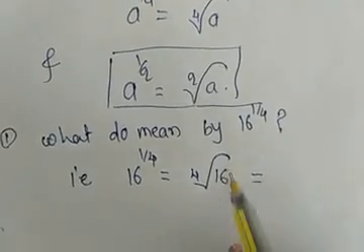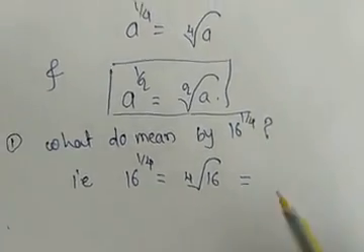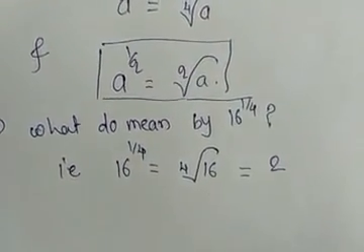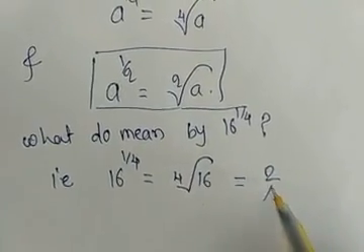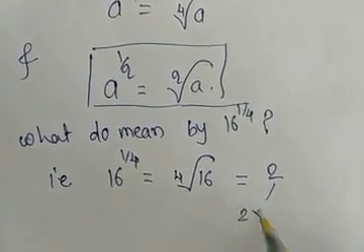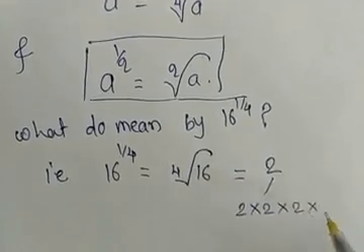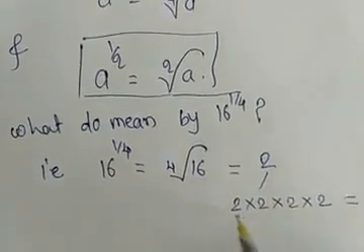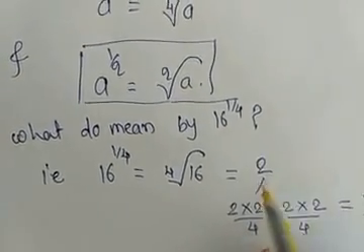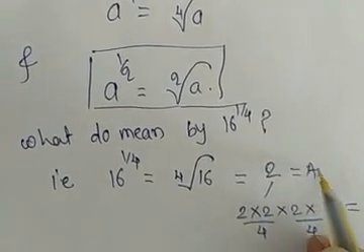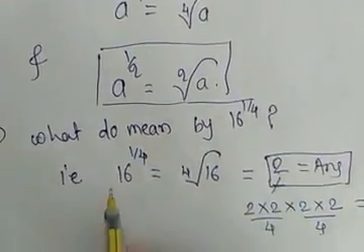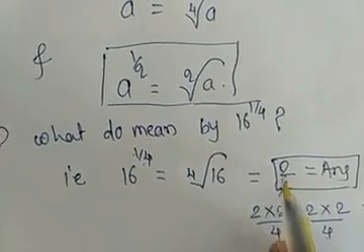The 4th root of 16 is 2, because if we multiply 2 four times, 2 multiplied by 2 multiplied by 2 multiplied by 2, which is 4 multiplied by 4, that gives 16. So our answer is 2. Okay, 16 raised to 1 by 4 is equal to 2.